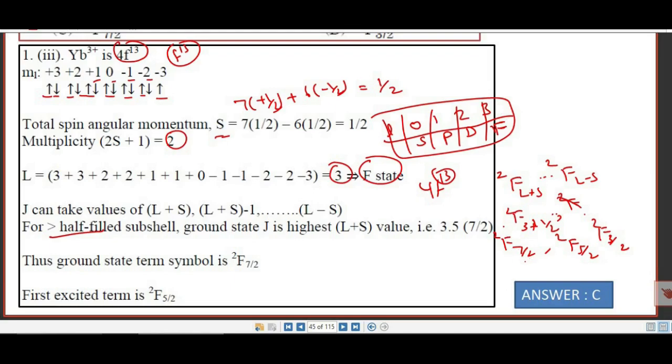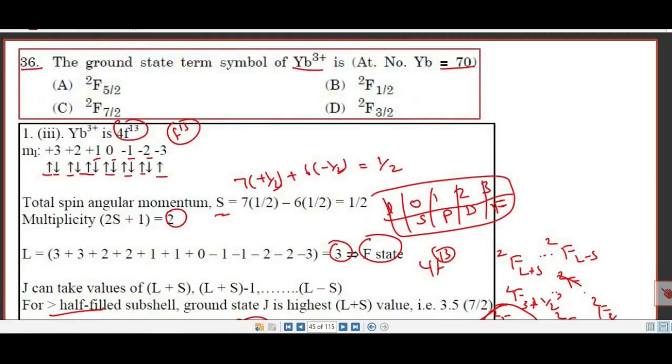We get values, term symbols. In this, L plus S is the ground state term symbol, that is 2F7/2. 2F5/2 is the first excited state term symbol, next to 7/2. 2F3/2 would be the second excited state term symbol, and this was ruled out.